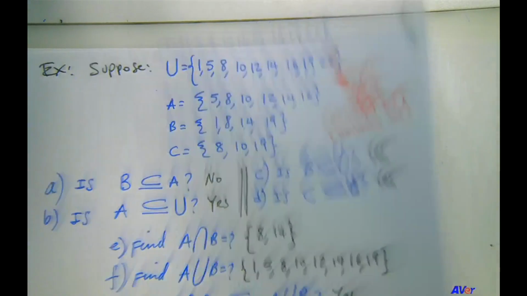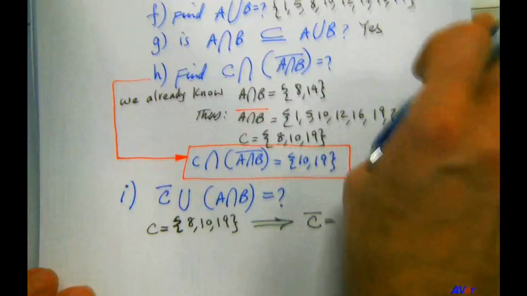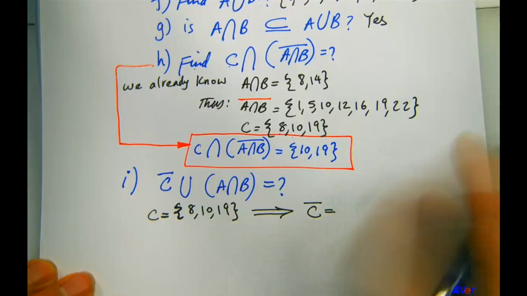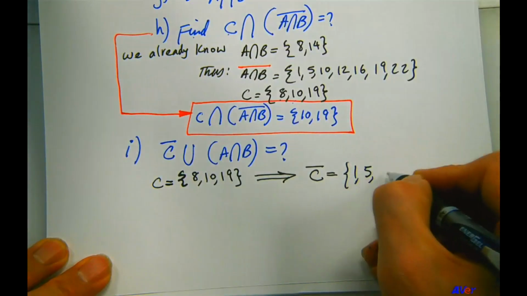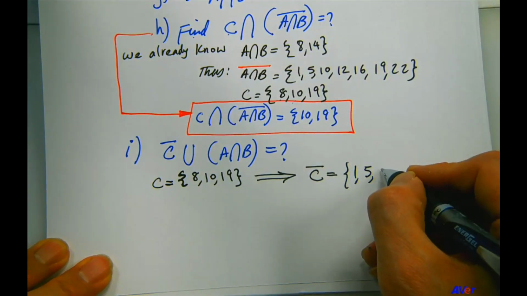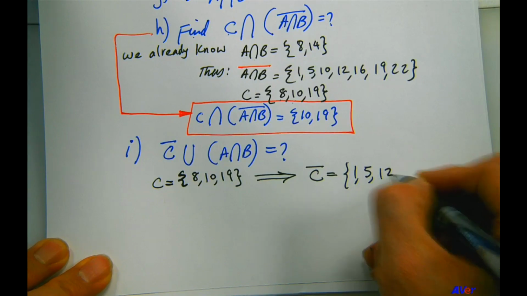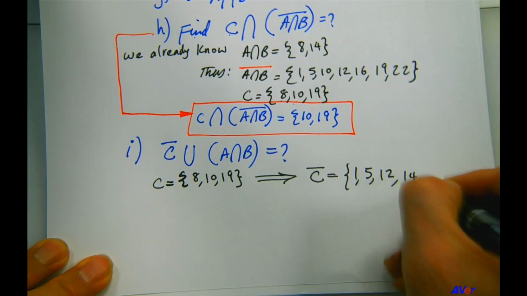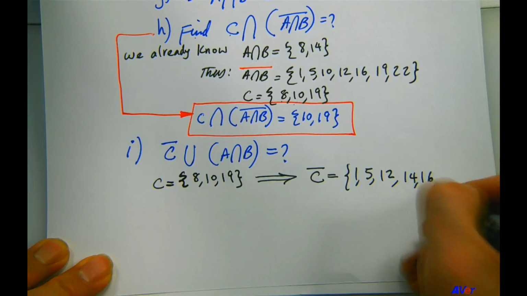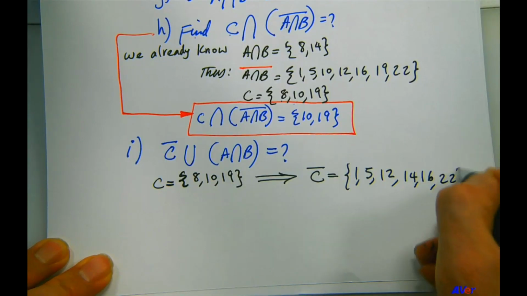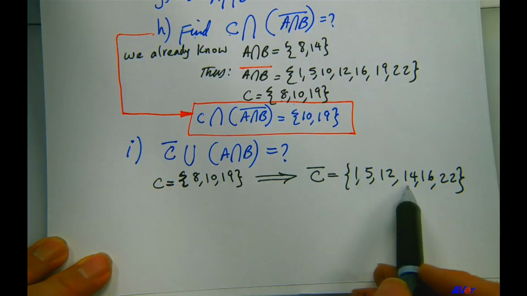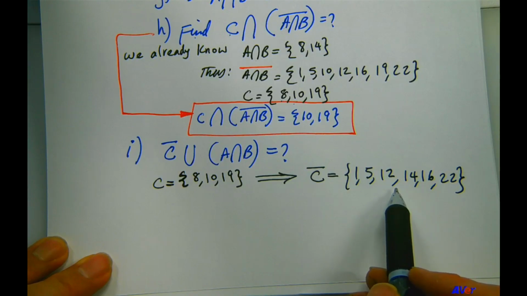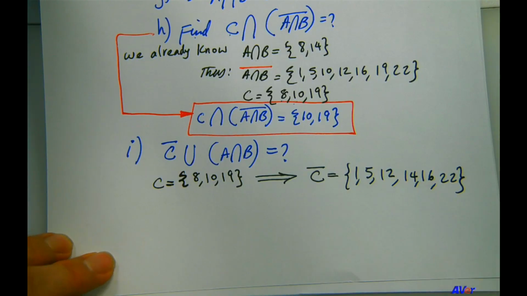So let's write those down. C bar is 1, 5, 12, 14, 16, and 22. Okay, just making sure here. That's C bar.